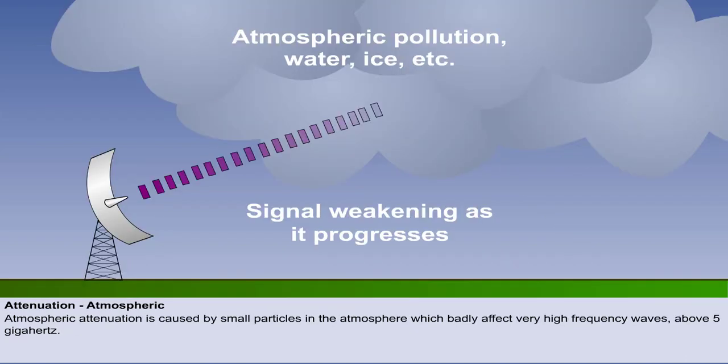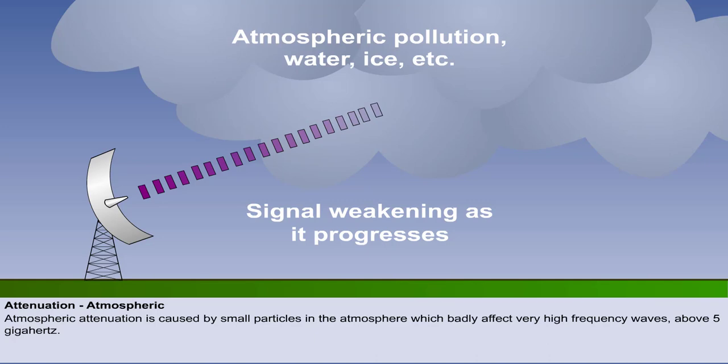Another type of signal weakening is atmospheric attenuation, or scatter. Because the atmosphere contains solid particles, such as water, pollutants, and ice, these will reflect and scatter radio waves of a sufficiently high frequency, those above 5 GHz.